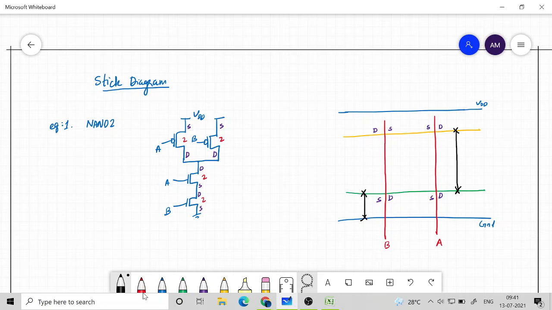Okay, so this is transistor A and its drain and its source. Now we need to connect it to the power supply. Now what is left? The drains of the two PMOS should be connected together, so that we can do by taking a connection like this.